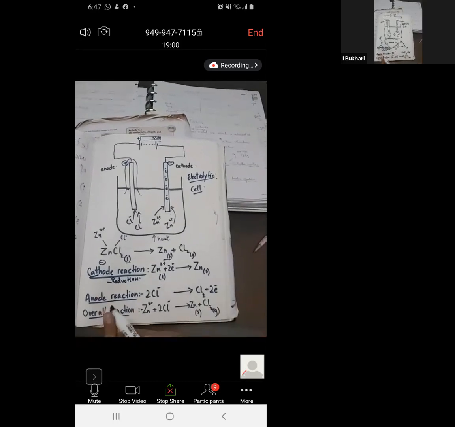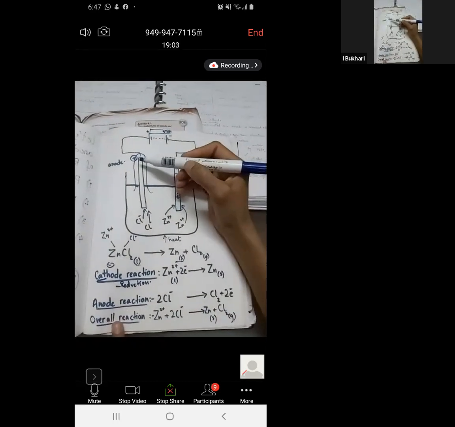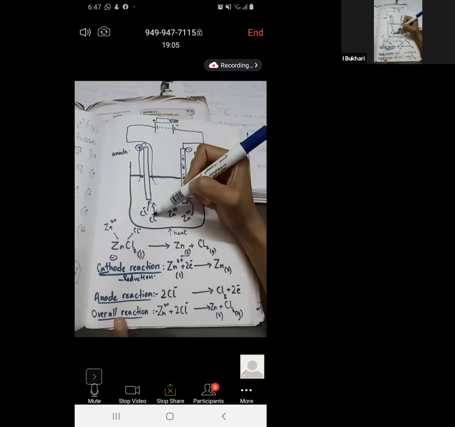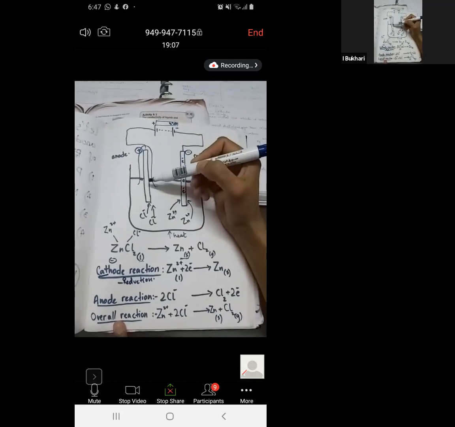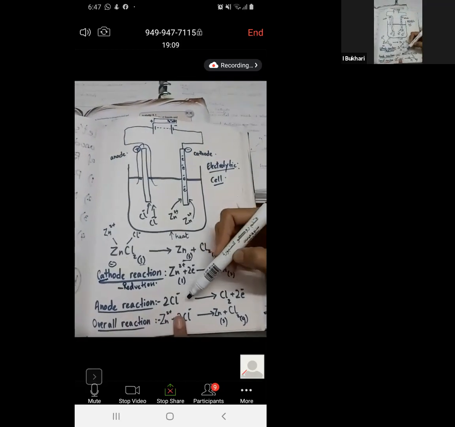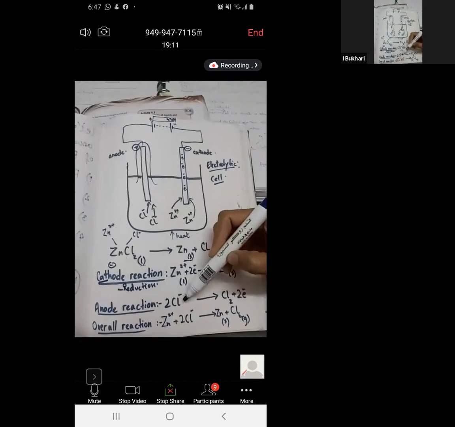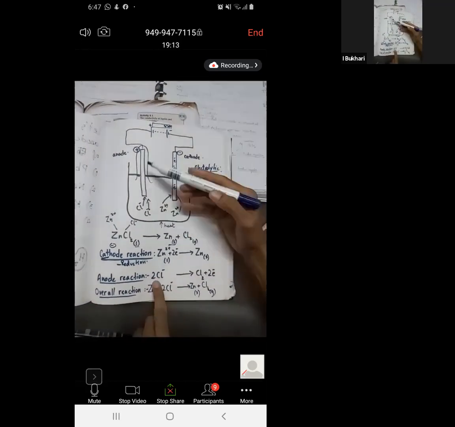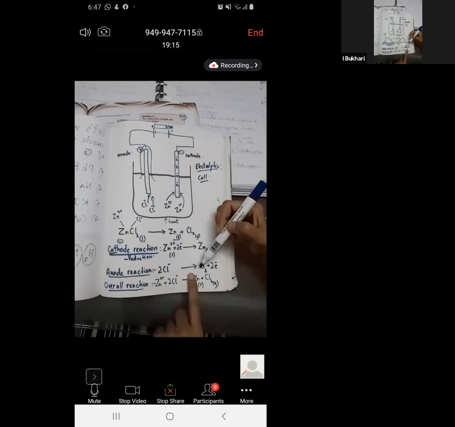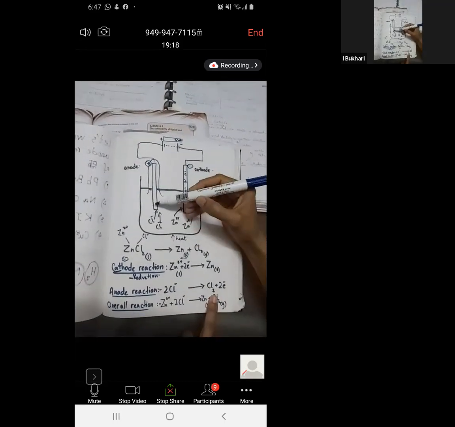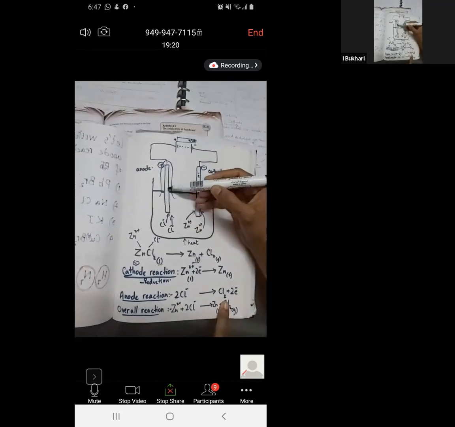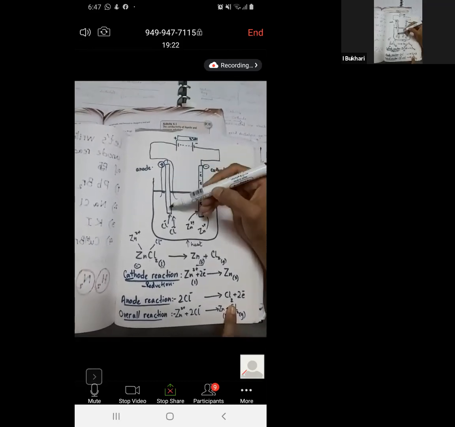Whereas at the anode, because the anode is positively charged, it will attract negatively charged anions towards it. And anions, when they get attracted towards this positively charged anode, will lose their extra electrons, because this electrode was devoid of any electrons.